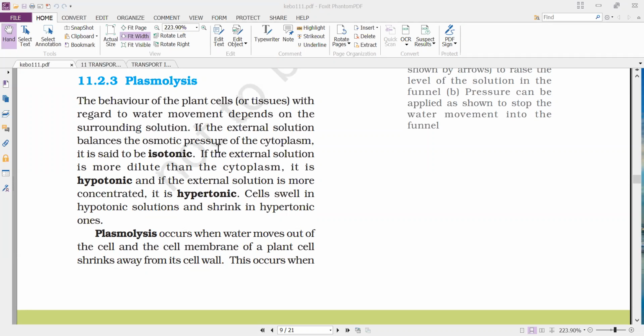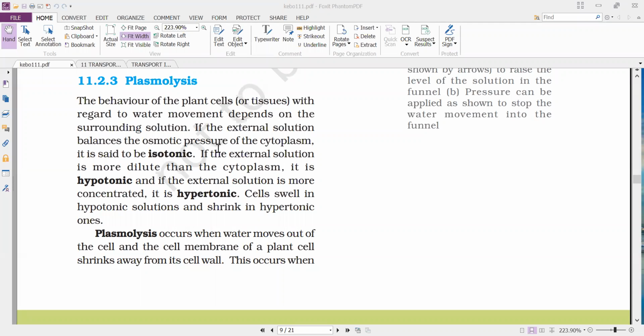Then we say that the two solutions are in the same concentration, and use a term called isotonic.